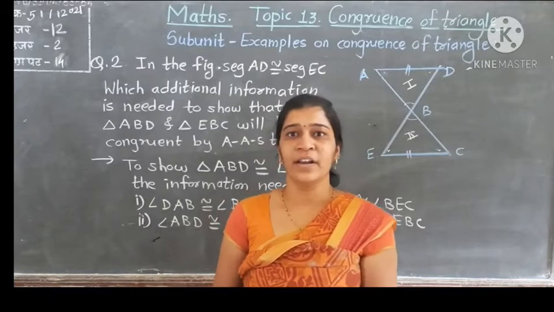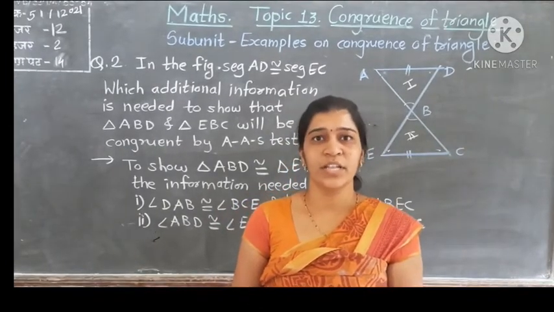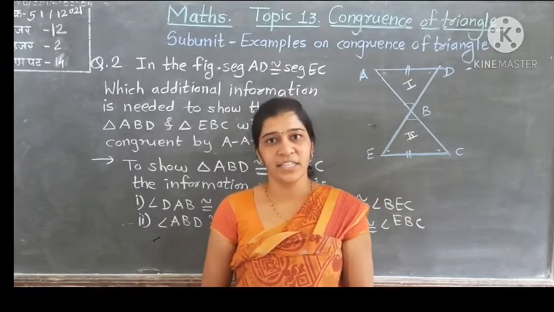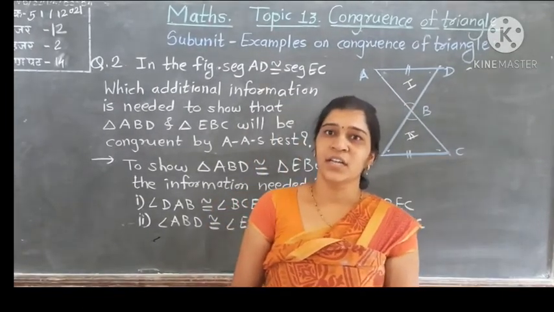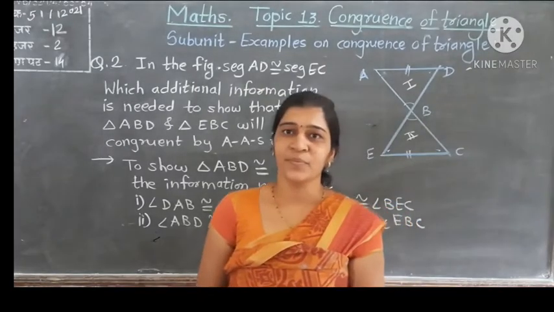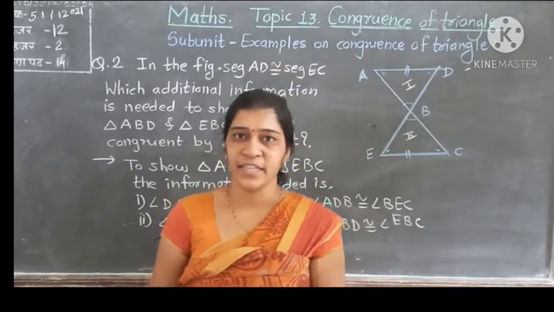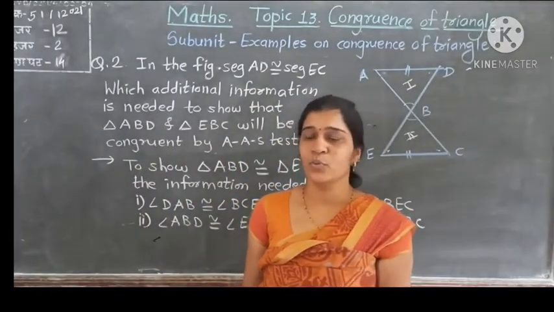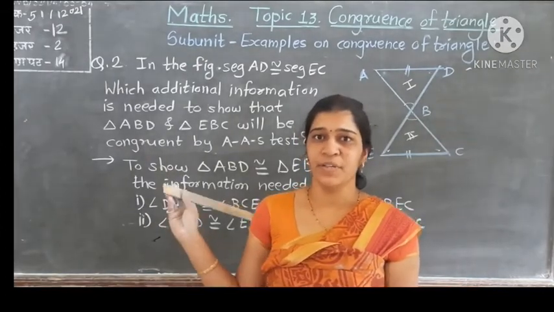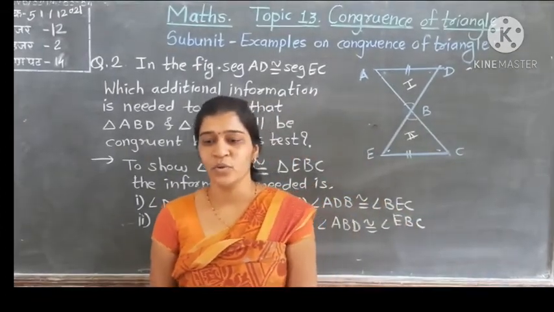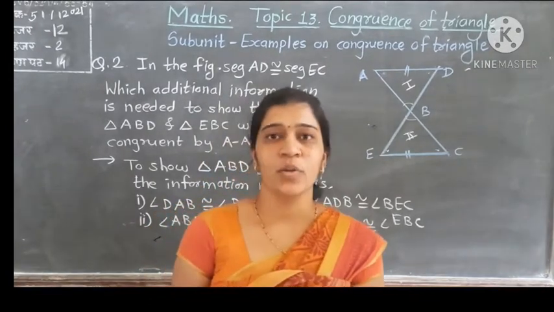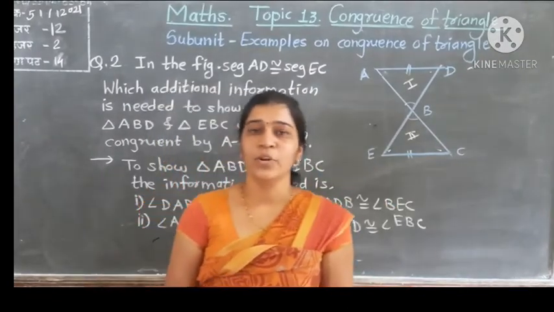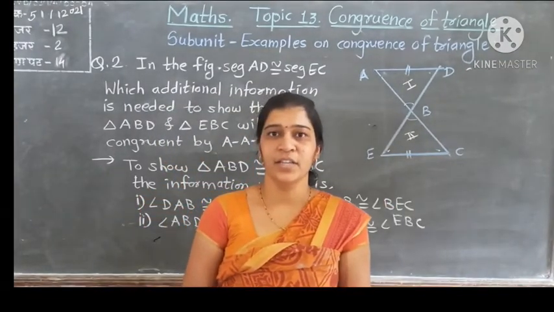We saw in how many ways we can show two triangles congruent, that is, the tests for congruence: SSS test, SAS test, AAS test, ASA test, and hypotenuse side test, and we saw examples on these tests. So students, your homework today is to try to solve practice set 13.2 in your notebook. Try to solve both exercises in your notebook.